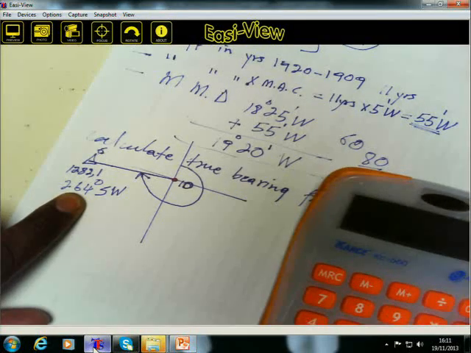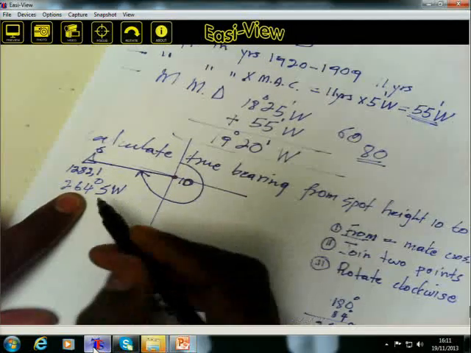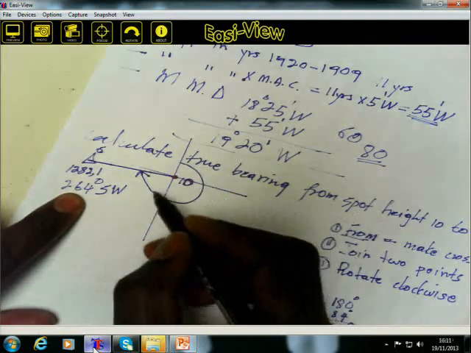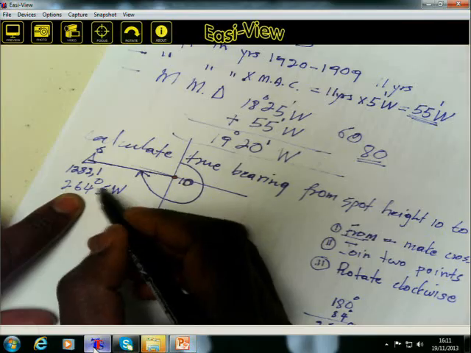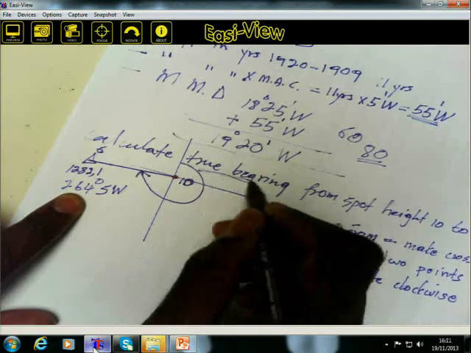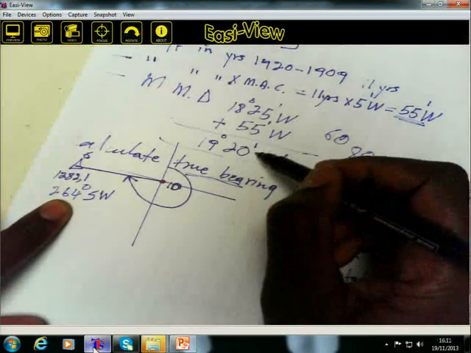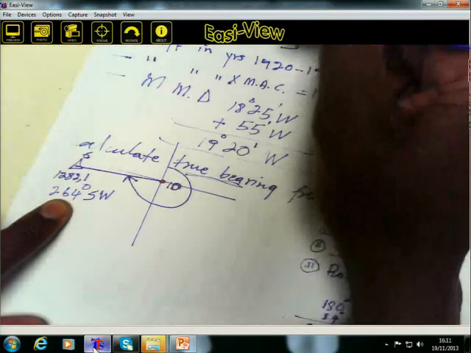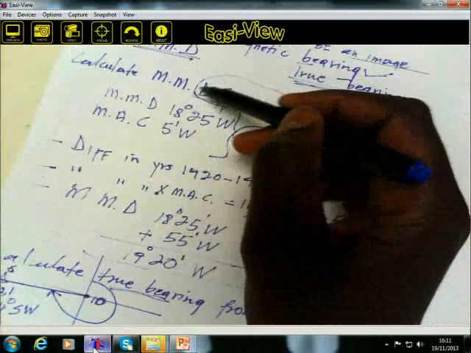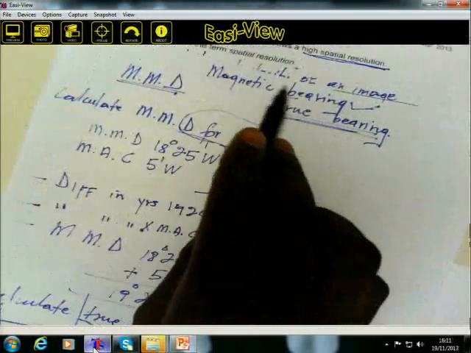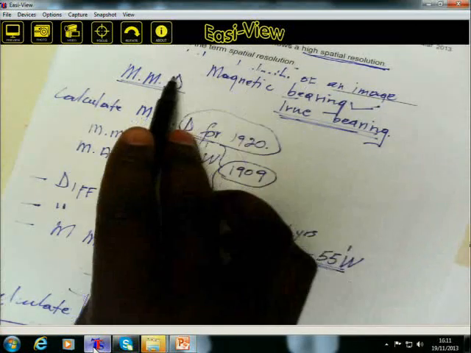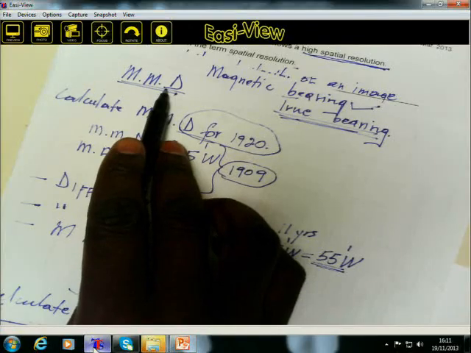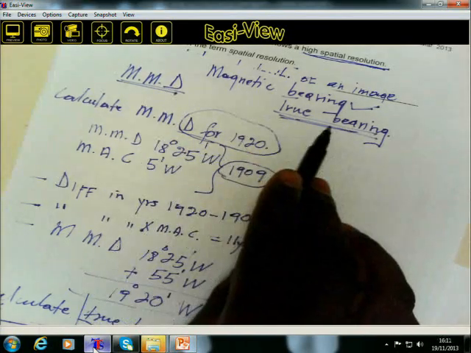I want to confirm something here. 9 by 3 will give me 270. I'm correct. 264. Now, from here up to here, I've got true bearing. Here, I've got the answer for mean magnetic declination. Magnetic bearing is a combination of magnetic declination and the true bearing.